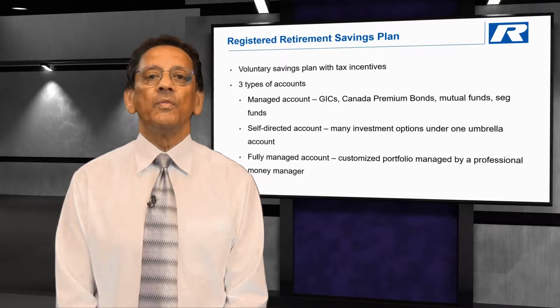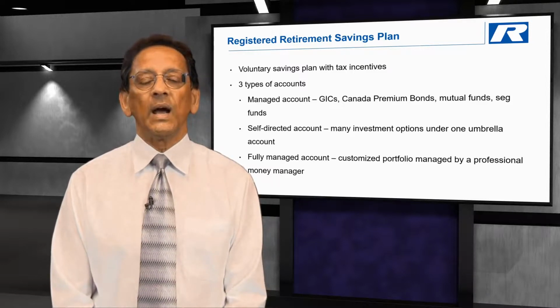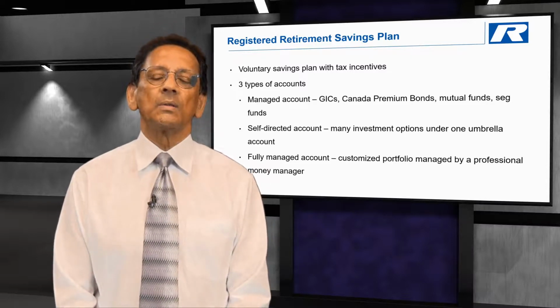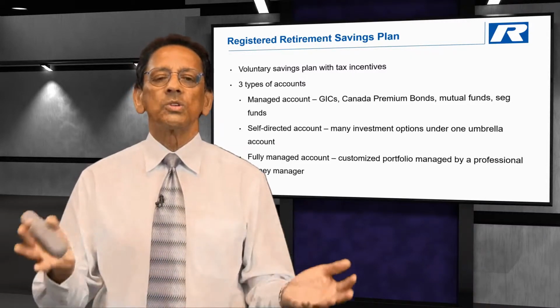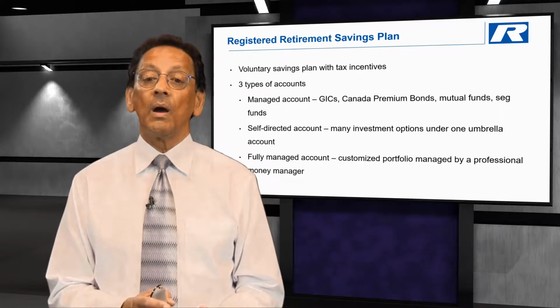The second type of RSP account is something called a self-directed account. A self-directed account is technically a holding account. It's one account that holds all the different kinds of investments that I own in my RRSP.